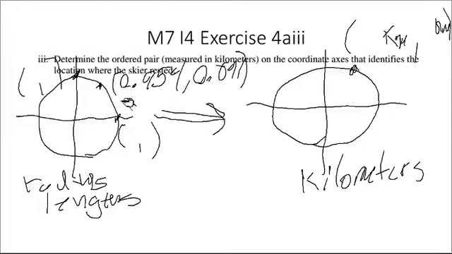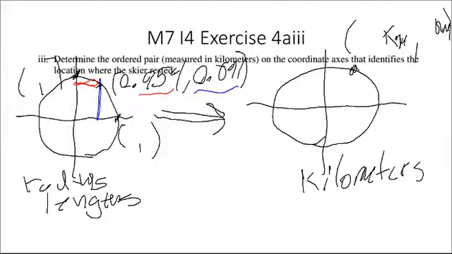So we've established that in terms of radius lengths, the skier is 0.891 radius lengths, or 89.1% of a radius length, above the horizontal diameter, and about 45.4% of a radius length to the right of the vertical diameter.